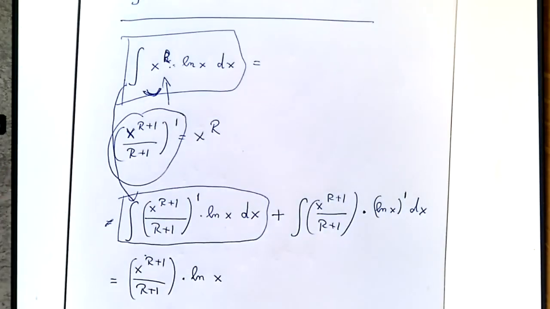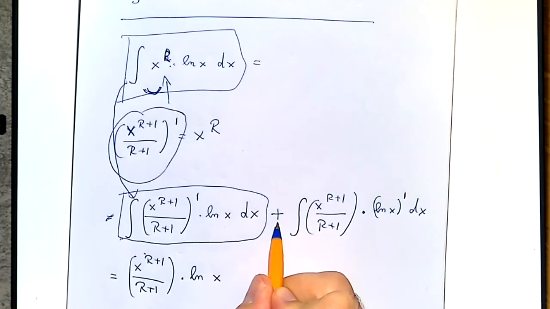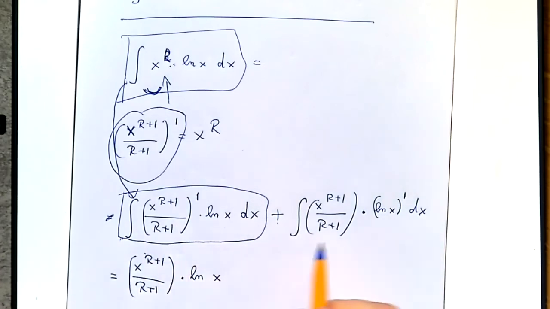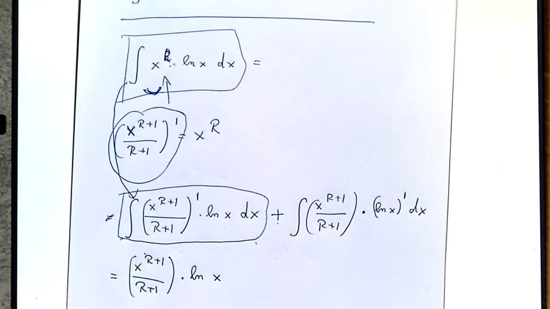Now I see this, and I'm like, okay, let's try and apply the integration by parts. In order for me to apply it, I have to add the same exact thing, but moving the differentiation sign to the other term, which is log of x. Now log of x is being differentiated.